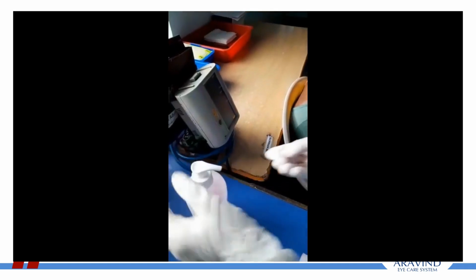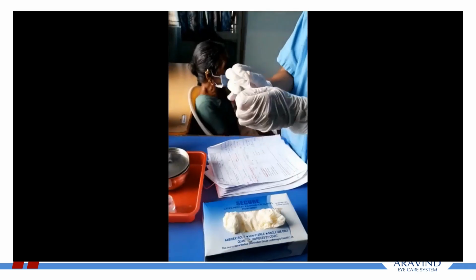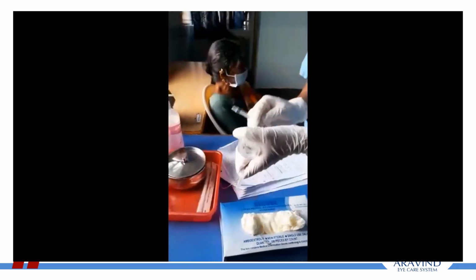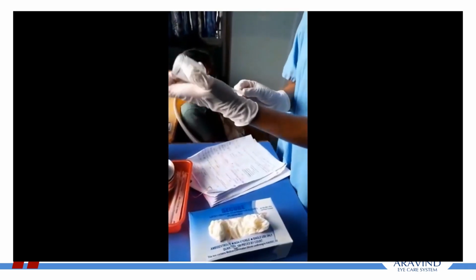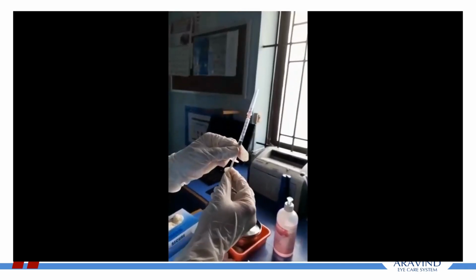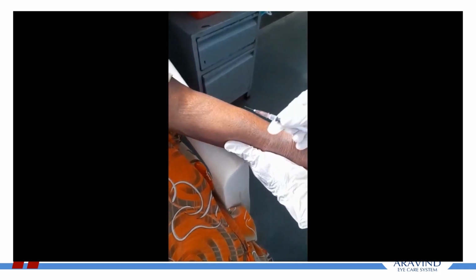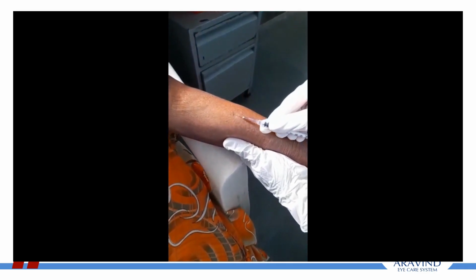Clean the site on the forearm with a wiper soaked in hand rub. Draw 0.1 ml of injection xylocaine 2% in a sterile 1 cc syringe. Discard air bubble. Inject the drug intradermally with a 26 gauge needle.